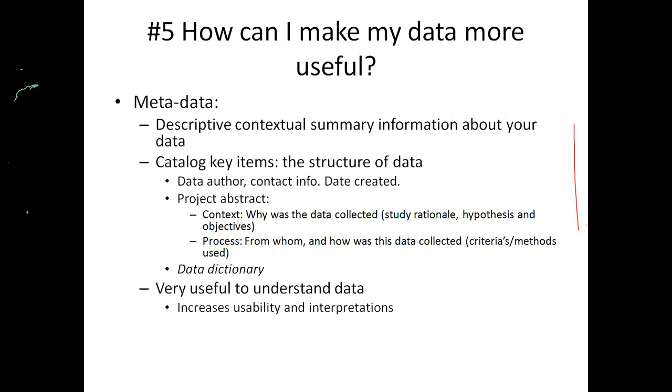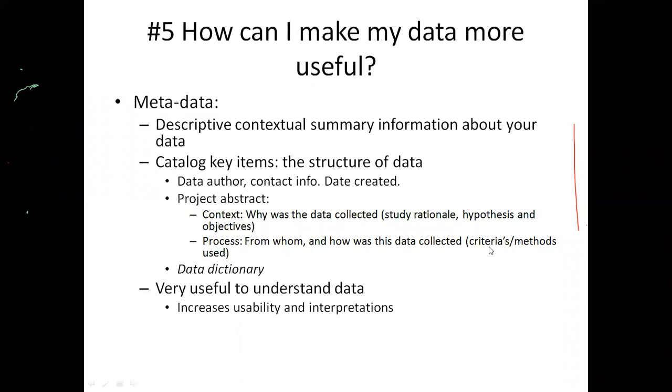One of the things that goes with it is the creation of metadata, which captures the contextual information about your data, right? So you have data, but the data does not tell about many other things that go into the creation of the data set. The metadata catalogs those key items, like who is the author of the data, when it was created, a small abstract about how and why the data was collected, from whom, and what the methods were.